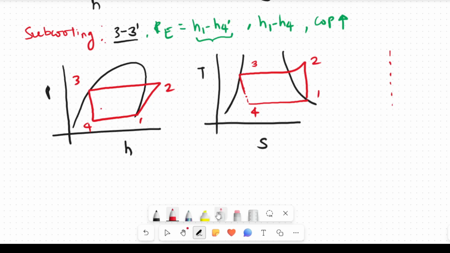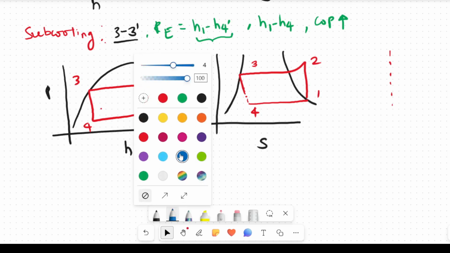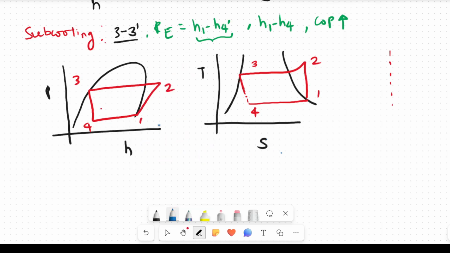Now we are talking about the superheating process. Let us change the color. So this superheating process is taking place after this point 1. We are increasing the temperature of the refrigerant after the evaporator, so that the refrigerant which is leaving the evaporator is in a dry state.